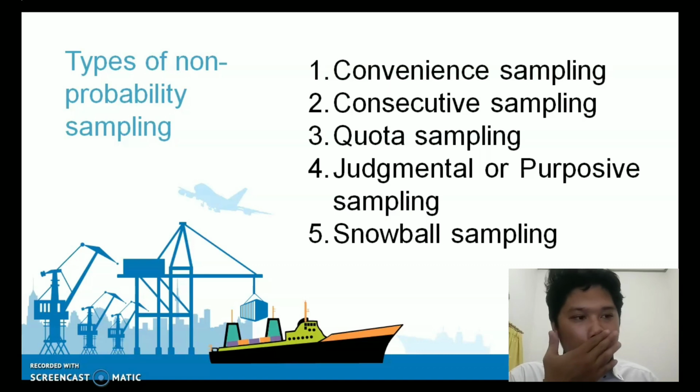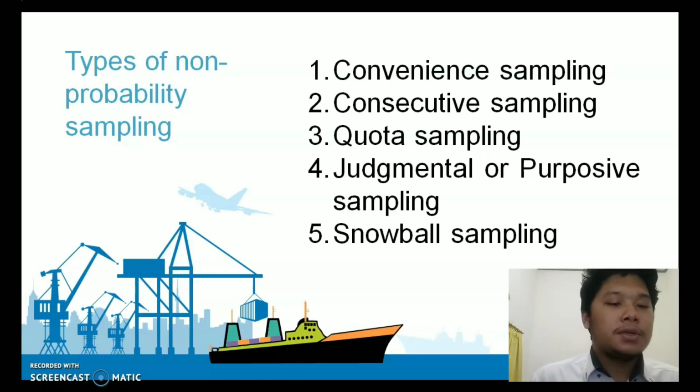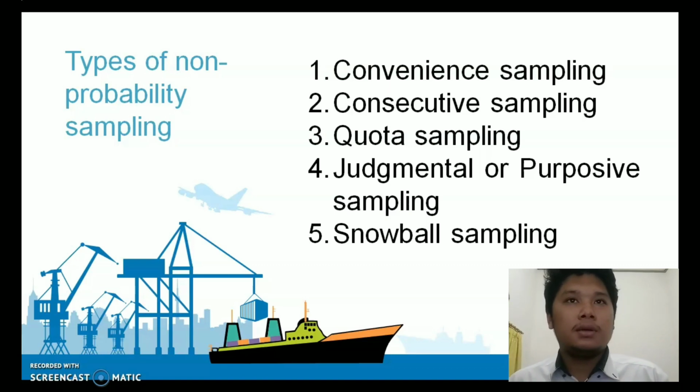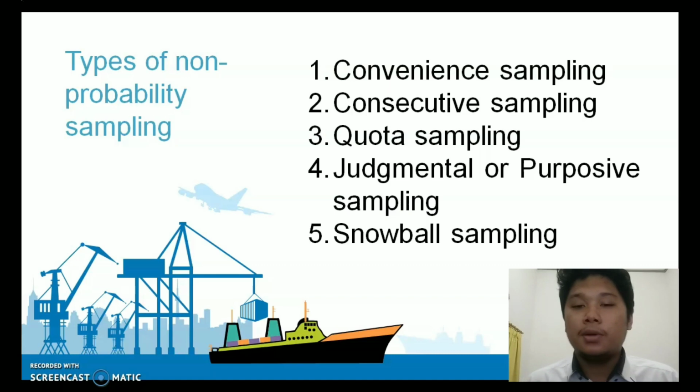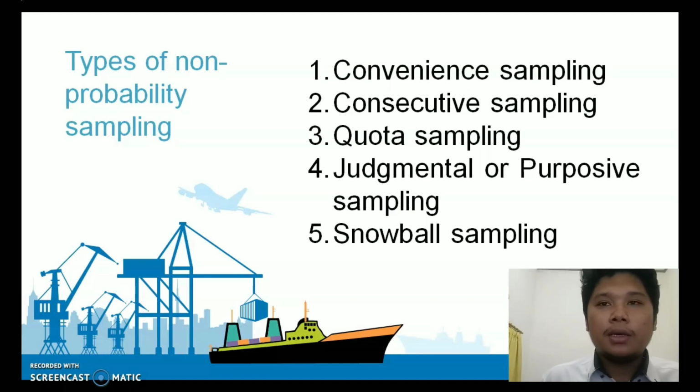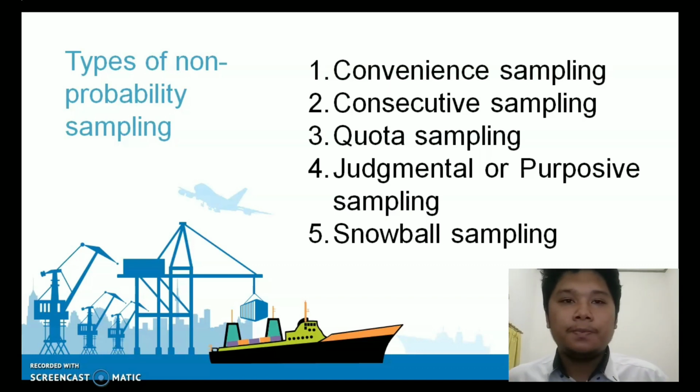Purposive sampling, in this method, researchers select the sample based purely on the researcher's knowledge or credibility. And the last, snowball sampling. Snowball sampling helps researchers find a sample when they are difficult to locate.